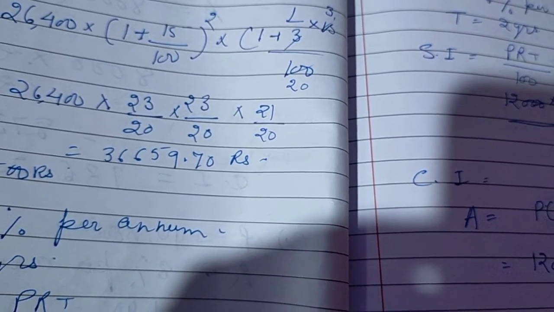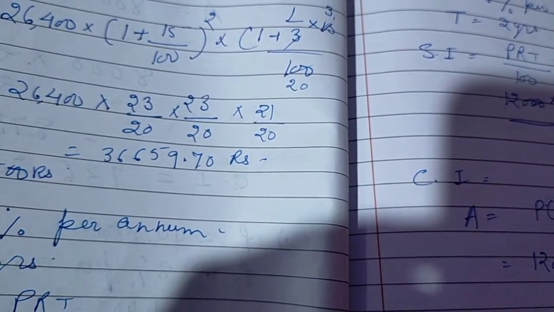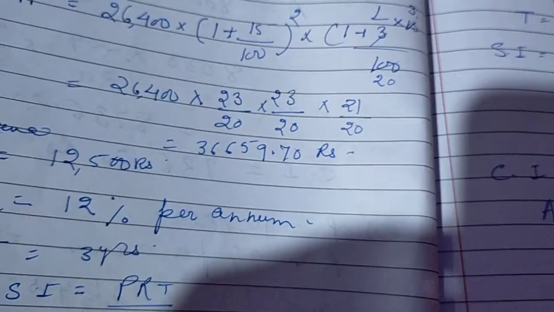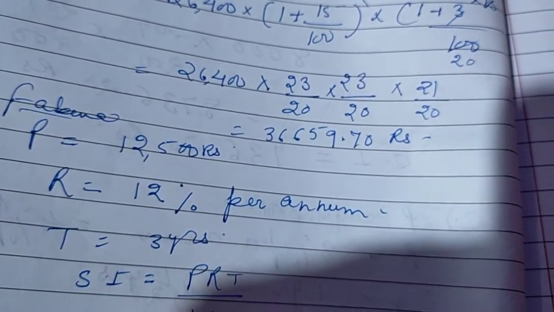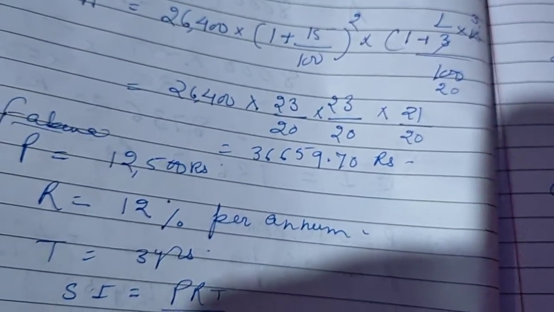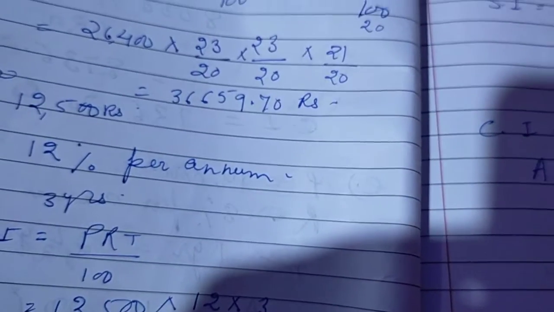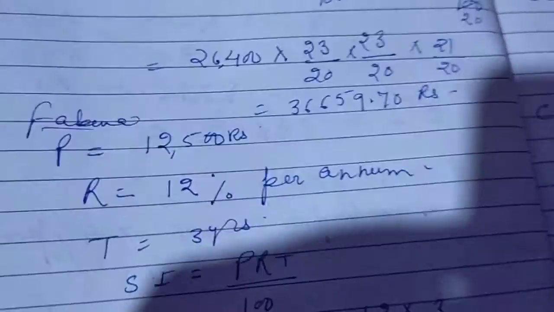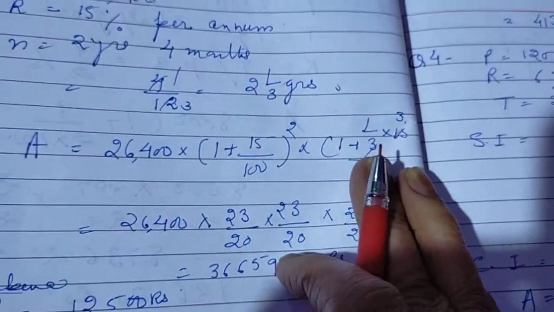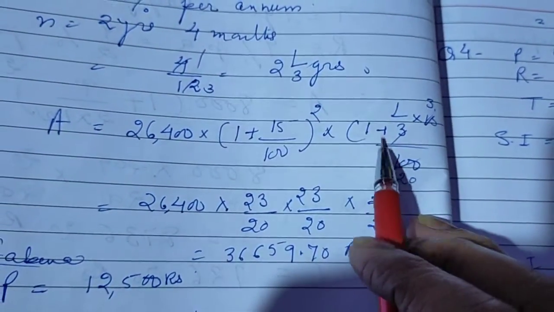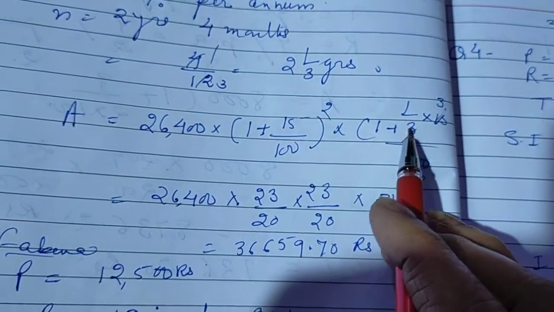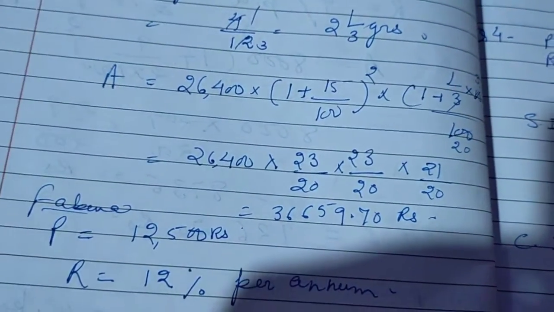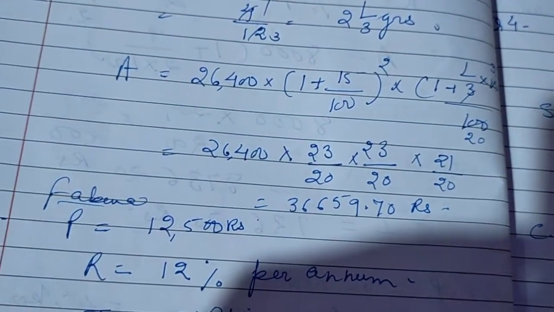Okay, make it clear to you once again. You will get this answer. Principal will become 36,659 rupees 70 paise. Here because we have got 1/3 into 15, 5 is there. Please check the answer here and correct it if there is a mistake.